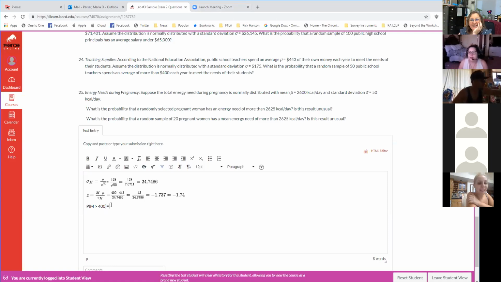So this is the probability that z is greater than negative 1.74.